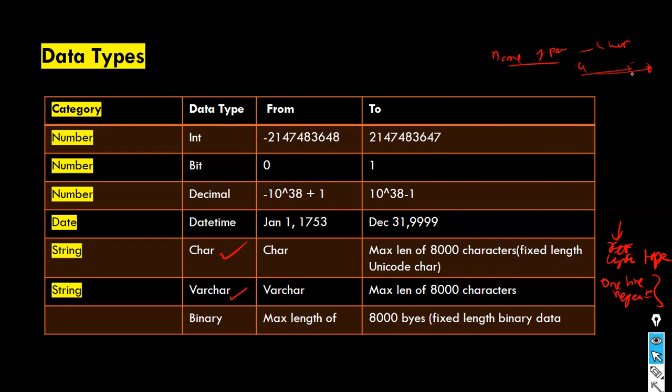Some even have 30 letters. It'll keep varying. If you use the char data type, and you have given 35, considering the different people's names, some names will have only 4 letters, some will have 6.